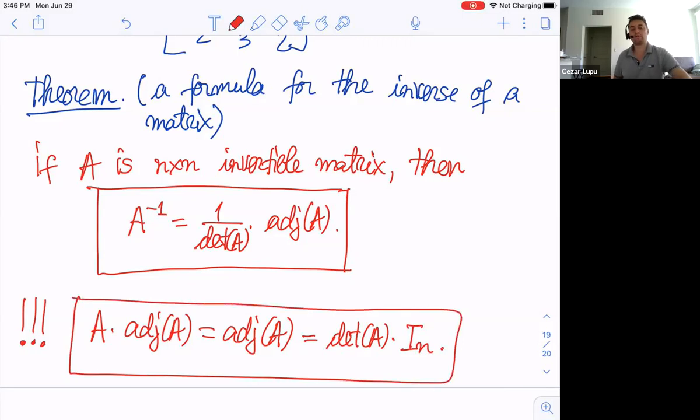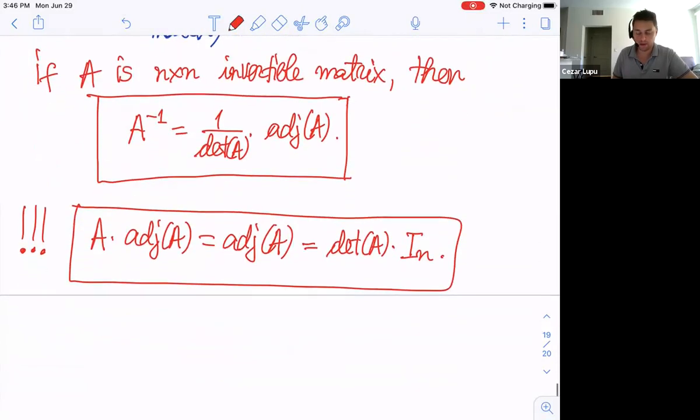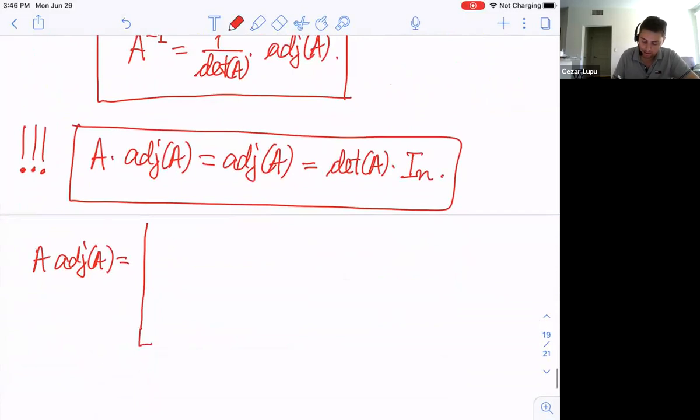Why do I obtain this? Let me just give you a very brief argument. When you write A times the adjugate of A, or the adjugate of A times A, and do this multiplication, on the main diagonal you'll have the determinant of A. That's the funny thing.